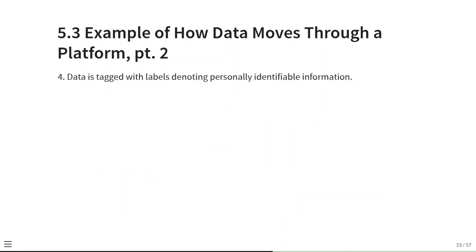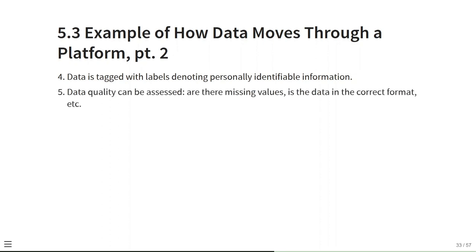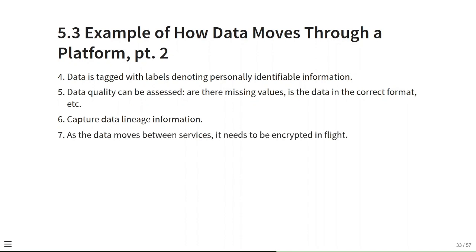Part 2. Data is tagged with labels denoting personally identifiable information. Data quality can be assessed. Are there missing values? Is the data in the correct format, etc.? Capture data lineage information. And as the data moves between services, it needs to be encrypted in flight.